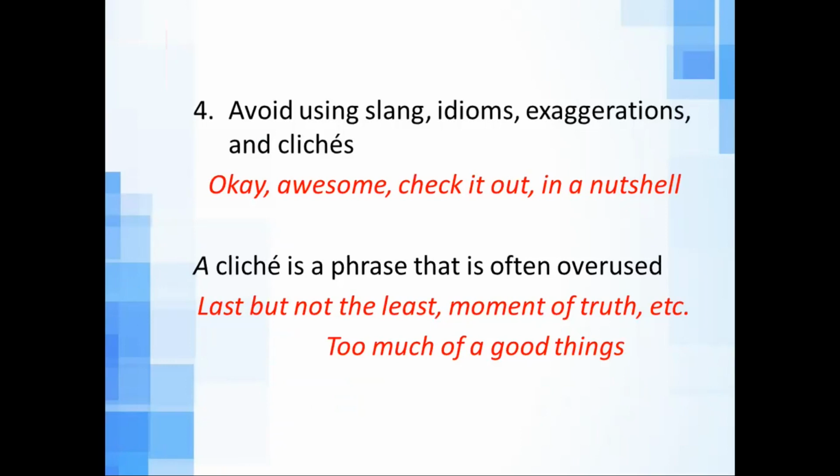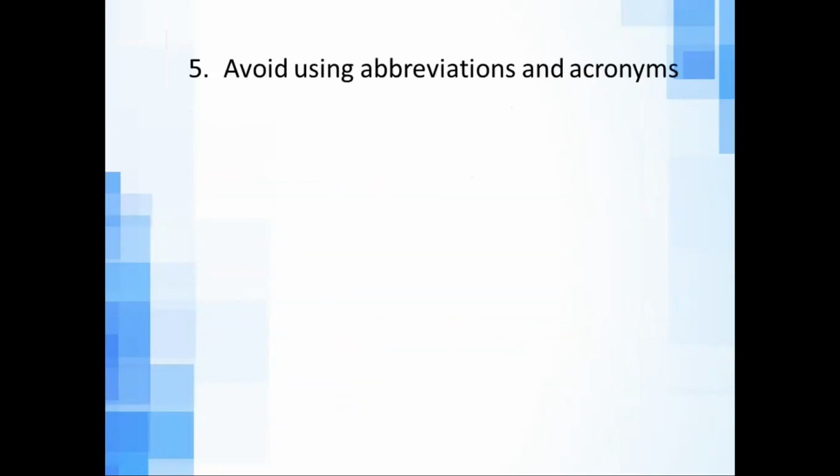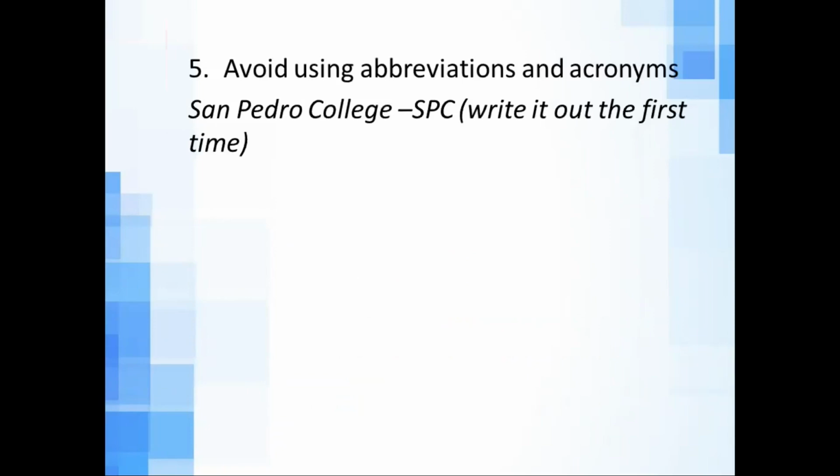Also, guys, avoid abbreviations and acronyms. If you have to use an acronym, write it out the first time. Like if it is the first time that you mention San Pedro College in the first paragraph, then spell it out first, and then you may use the acronym in the succeeding parts of the same paper.